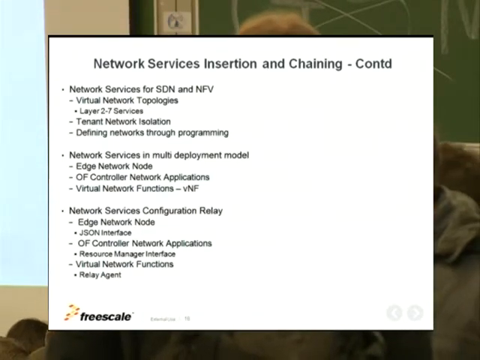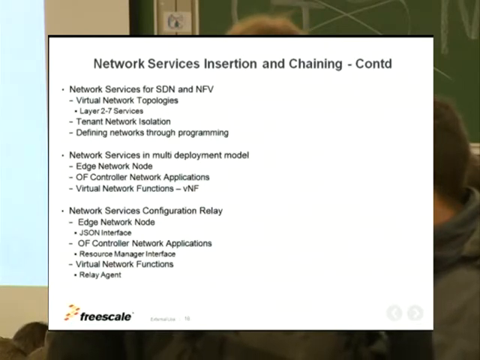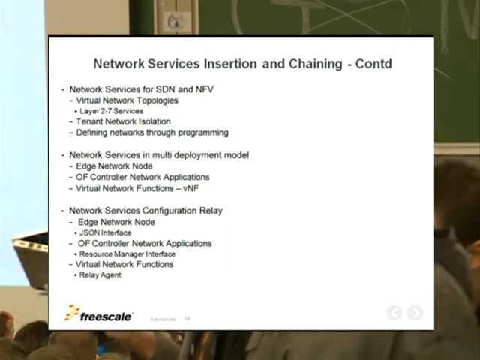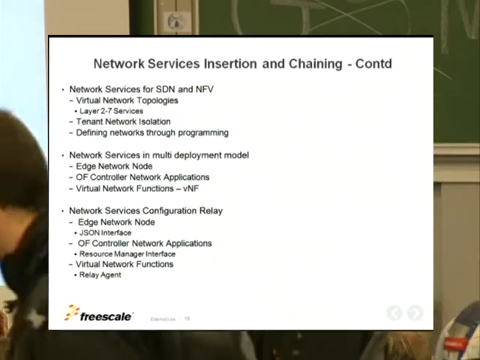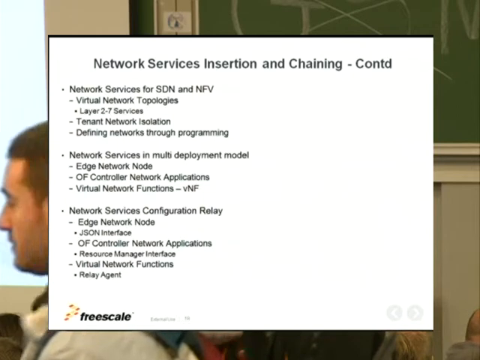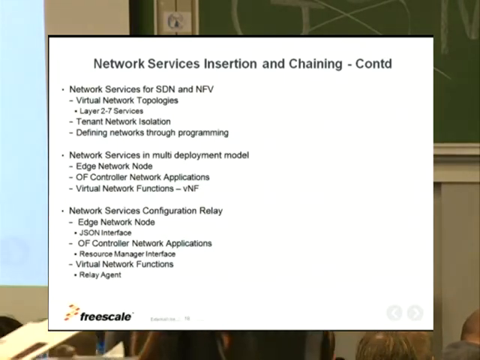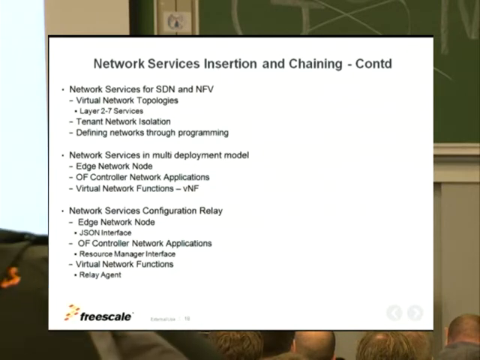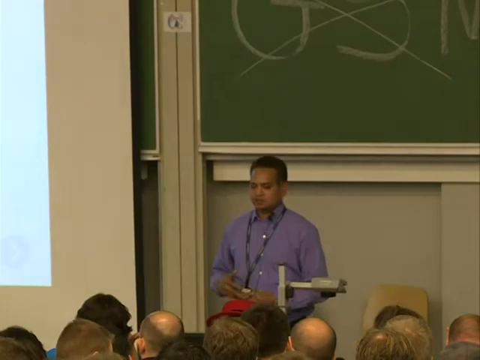This can be different in different types of deployment. For example, policies are different in the network node, policies are different for OF controller network applications deployed using OpenFlow controller networks, or the virtual network functions based on the tenant networks.